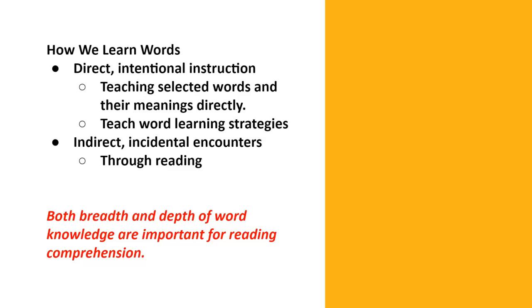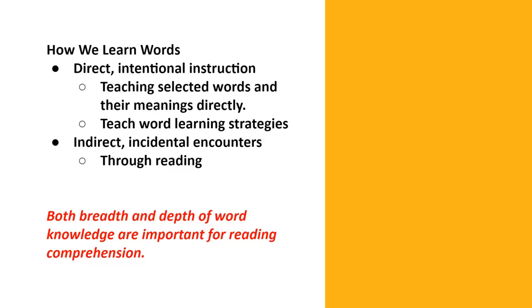Obviously, there's a limit to how many words you can teach individually, as that's time-consuming. Much of that word learning must occur informally through indirect encounters with words, by reading, being read to, and being exposed to lots of new words.